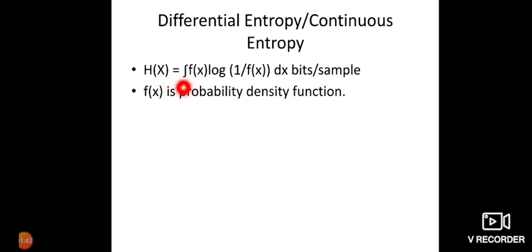Instead of sigma, here it will be integral. Instead of p of x, here it will be f of x, that is the probability density function. Since it is a continuous time signal, instead of probability, we are using the probability density function, represented by f of x. Probability density function you have already studied. So integral f of x log 1 by f of x dx, bits per sample.